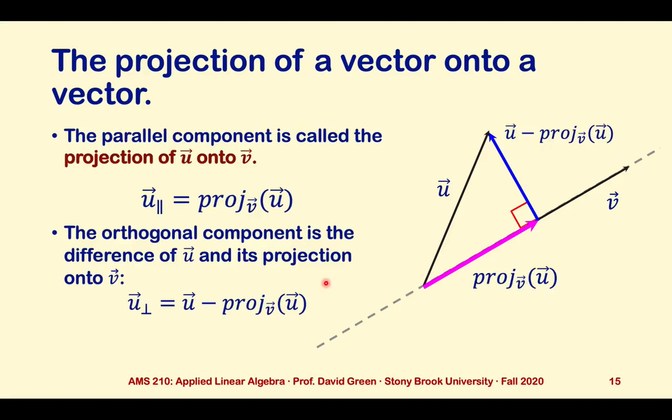We give a special name to the parallel component, and we call it the projection of u onto v. And we use the notation shown here, projection subscript v, to show what we are projecting onto, and u, the vector that we are projecting.